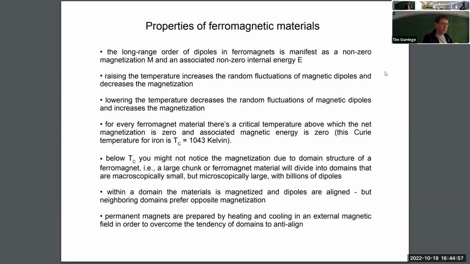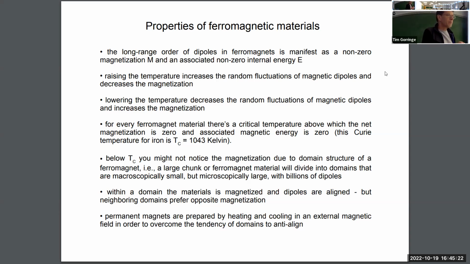Macroscopically small means, you know, micron size, maybe tens of microns. Microscopically large means that they have maybe billions of iron dipoles in them. So they're large in the number of dipoles, and small on the everyday size scale.